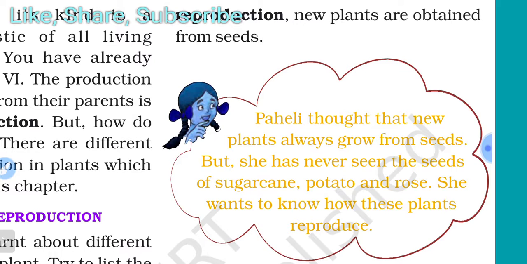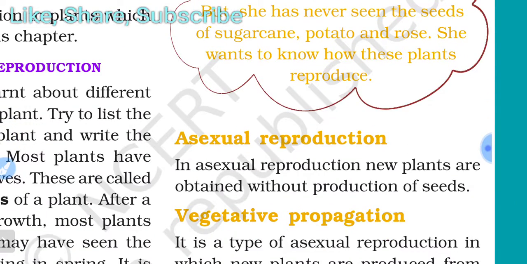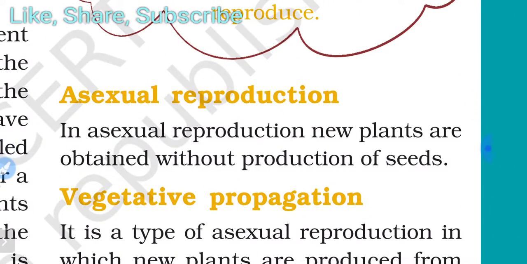She wants to know how these plants reproduce. You will also be aware that you never see the seeds of sugarcane, potato, and rose. So now we come to the point of how these plants reproduce. It means they reproduce by asexual reproduction, and these are obtained without production of seeds.